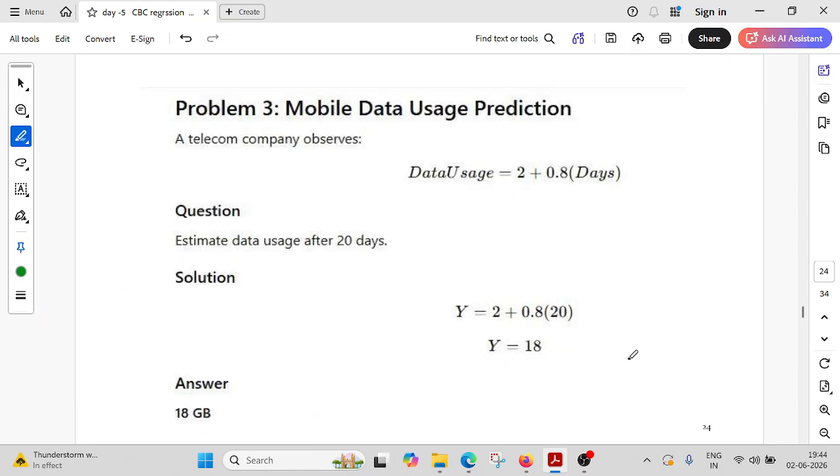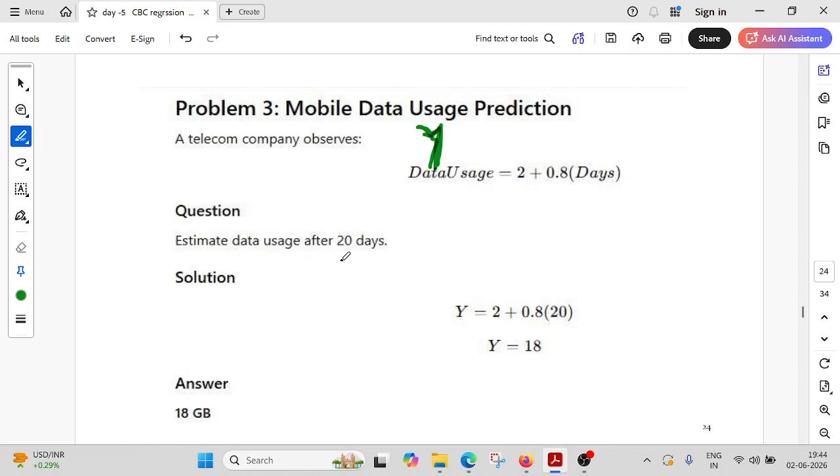The third data set is mobile data usage prediction. A telecom company observes that, again, y equals a plus b into x, where x is the days.